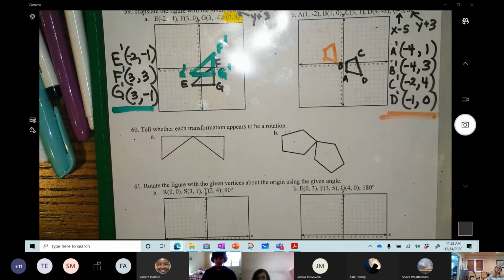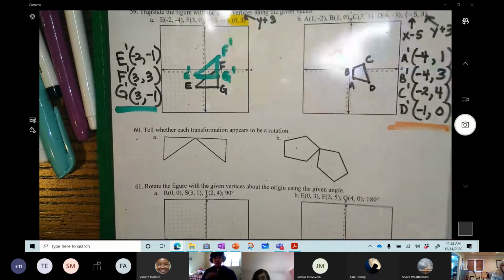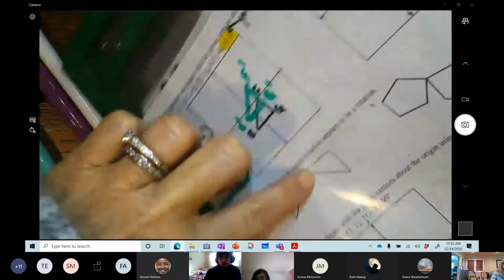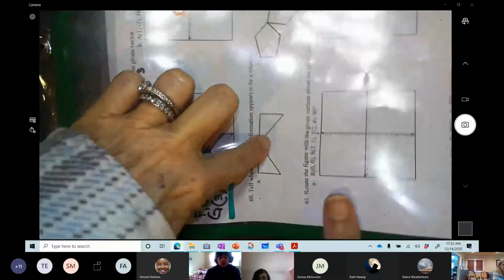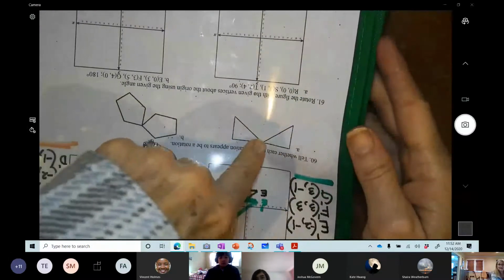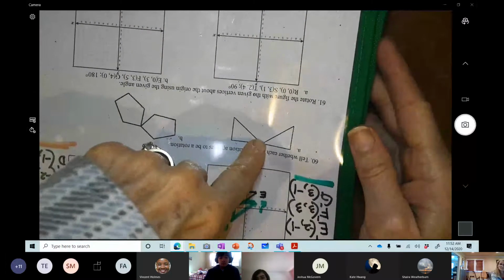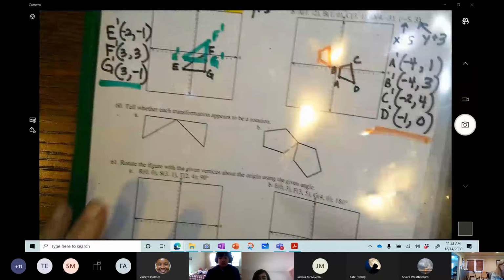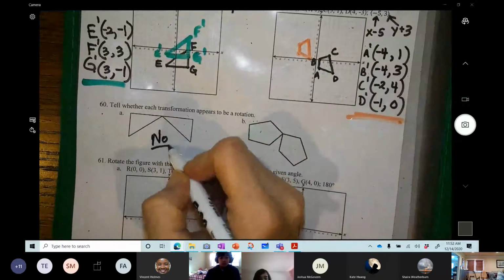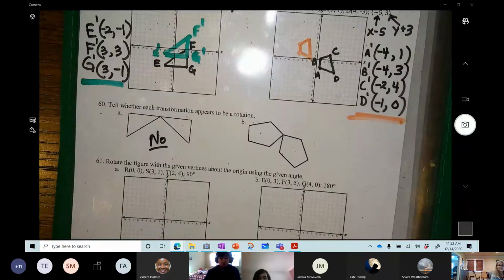Because every once in a while it's 270, but if you can get it to look the same without being at 360, then it's a rotation. So if I'm here and I rotate it here, well, obviously it doesn't look the same. And I rotate it here, it doesn't look the same either, because these triangles are up, and where I started, the triangles were down. So this one is not a rotation. It's a reflection for sure, but it's not a rotation.